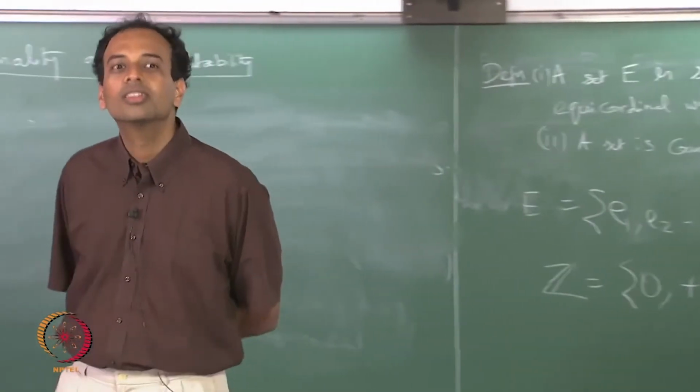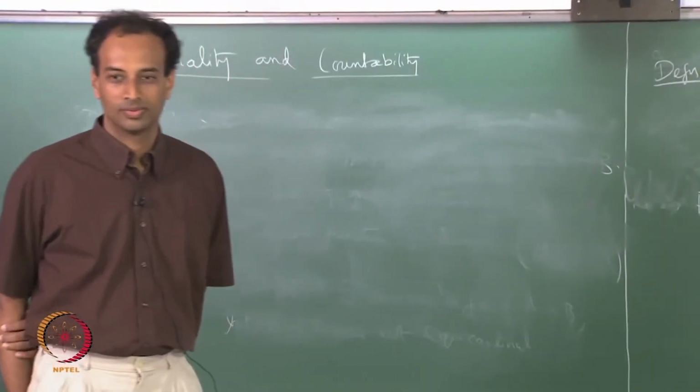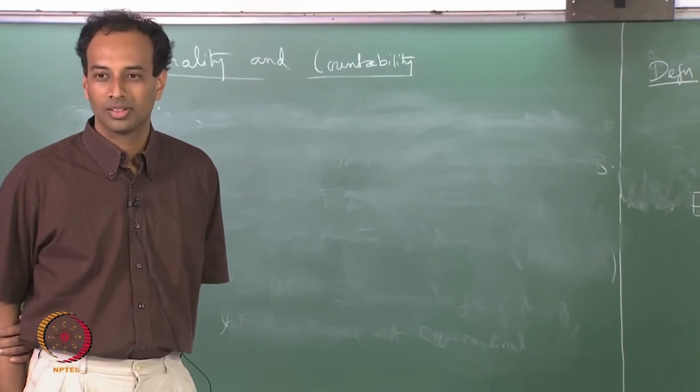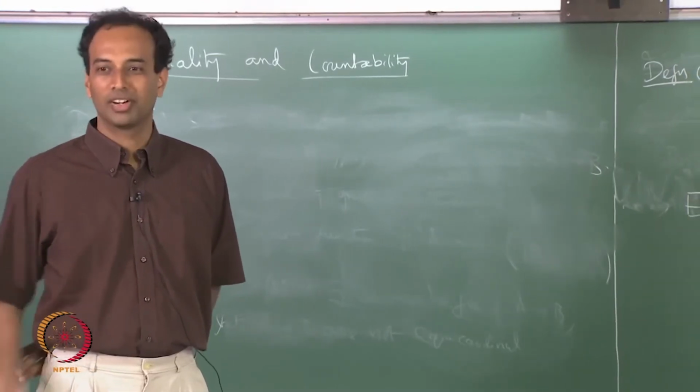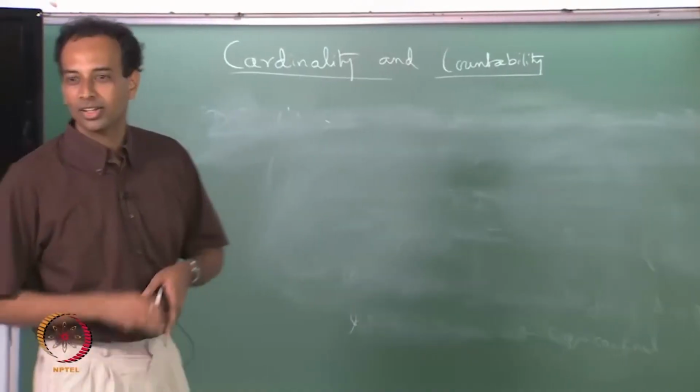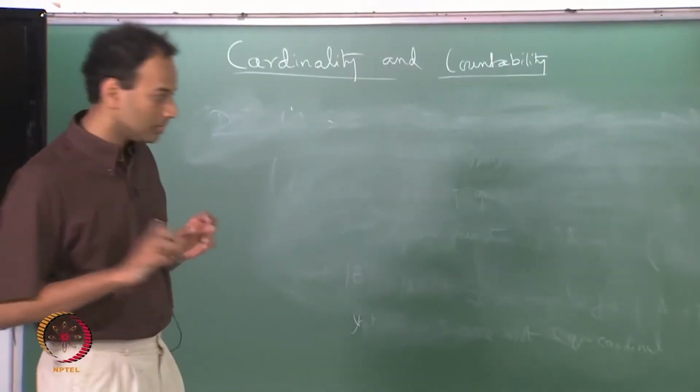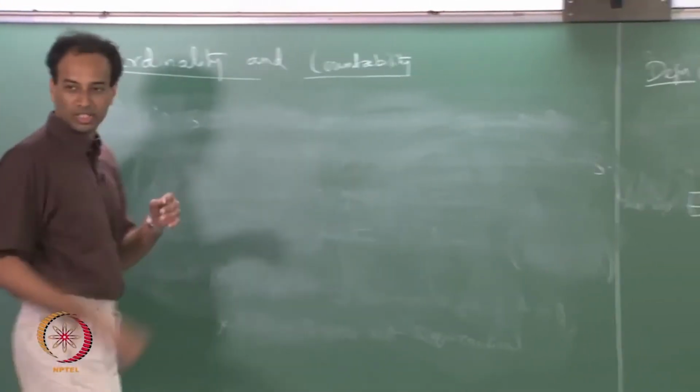Now how do you prove this? How do you prove anything is countable? Find a bijection. We are asserting that Q is countable, Q is countably infinite.